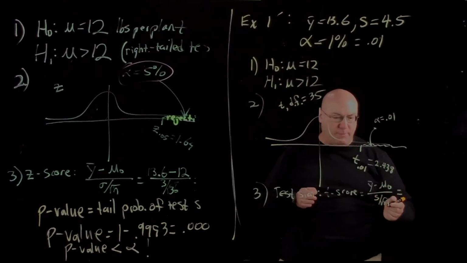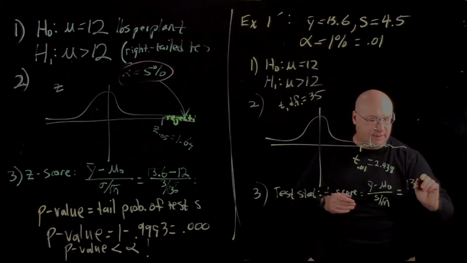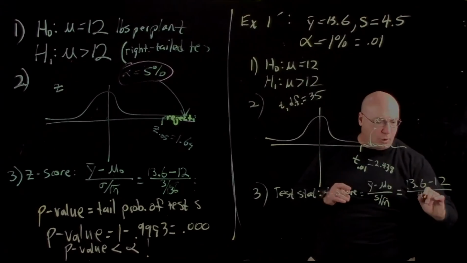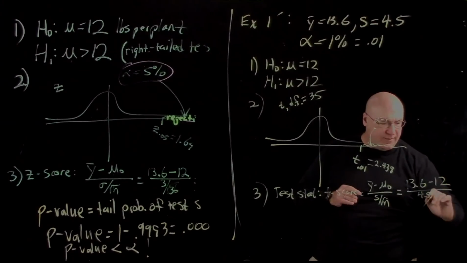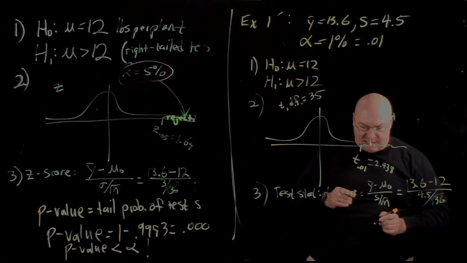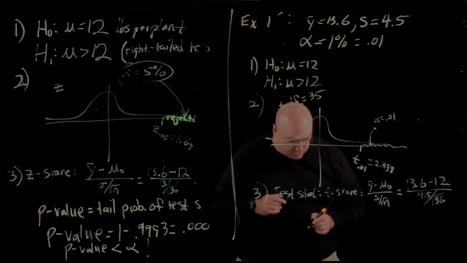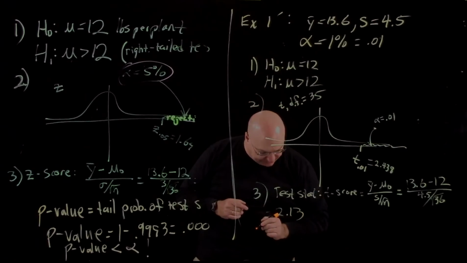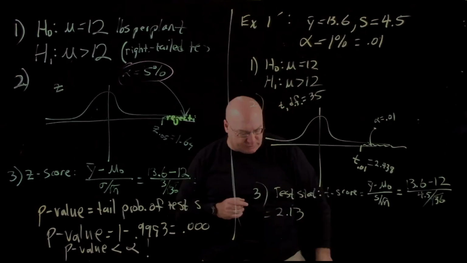All right, so I have y bar, it was 13.6. Mu naught was 12, divided by s, which is 4.5, and this is still the square root of 36. And if you work all that out, you get 2.13 roughly, I think maybe repeating, 2.133333.